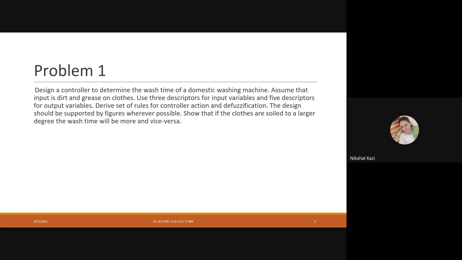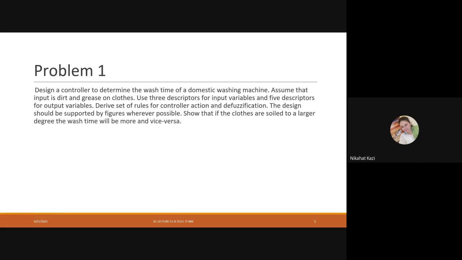What is the output here, for this washing machine? It's the wash time. The first statement, read again: to determine the wash time of a domestic washing machine, right? So that is the output.